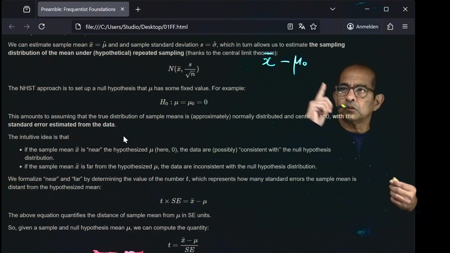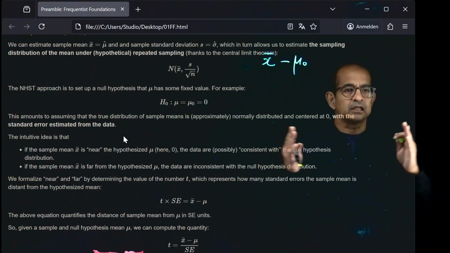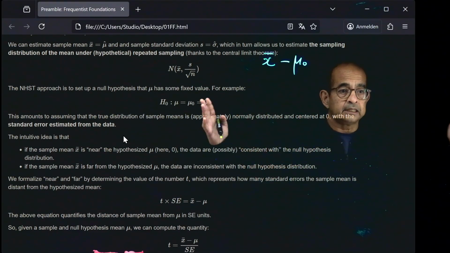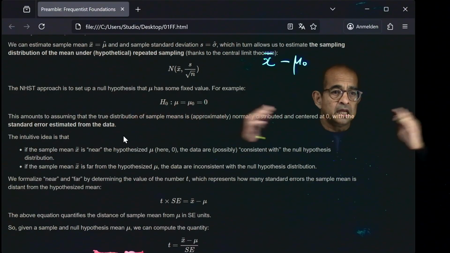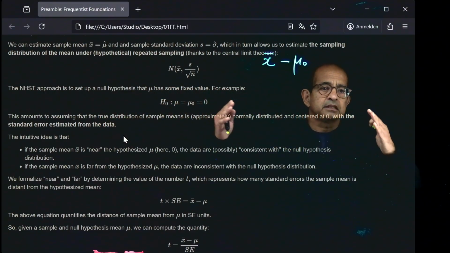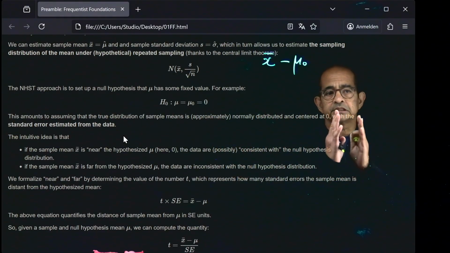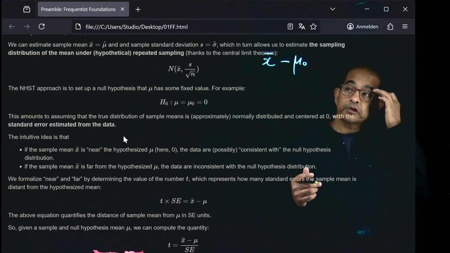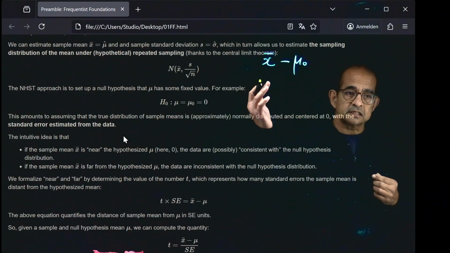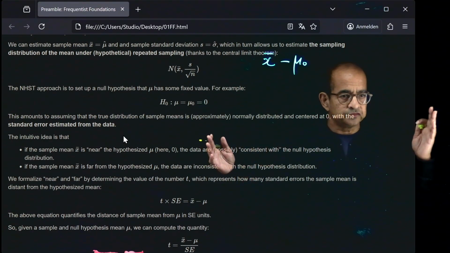Now, one issue with this distance calculation is that depending on the scale of the data that you're working with, a large distance or small distance really would depend on what the range of variation is in the data, how variable the data are. If there's a huge amount of variation in the data, then even a large distance could be considered a small distance. And if there's very tiny variation in the data, even a small numerical value could represent a large distance. So what we want to do is somehow standardize this distance such that we have an even playing field regardless of what the range of variation is in the data.